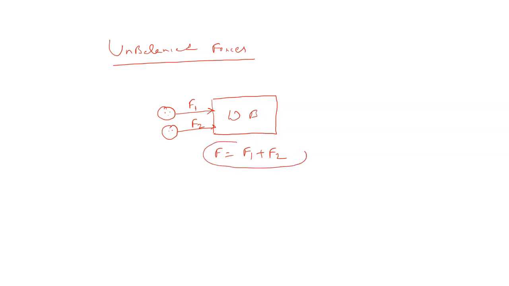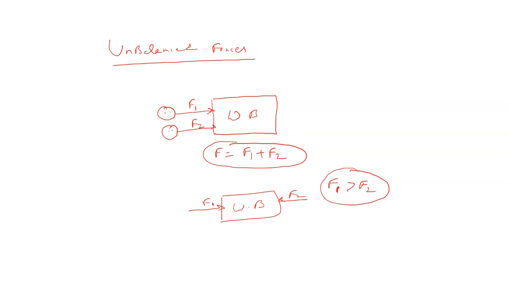Now these are the unbalanced forces. There may be a different scenario. For example, again there is a wooden block. The first friend is applying a force F1, the second friend is applying a force F2. Now suppose F1 is greater than F2, now tell me towards which direction this block will move.